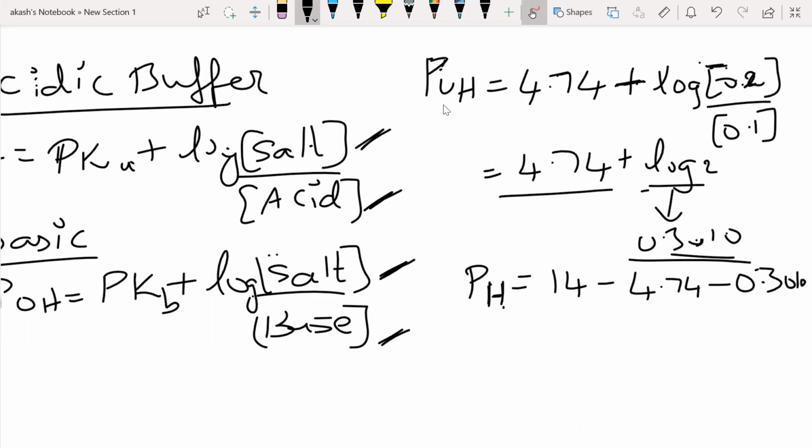Now, when I say amount, I'm talking about number of moles. You can even write, find the number of moles of ammonium sulfate. That's actually the better question. Find the number of moles of ammonium sulfate which must be added to 500 ml of 0.2 M NH4OH solution to yield a pH of 9.26. And the pKb value of NH4OH is 4.74.